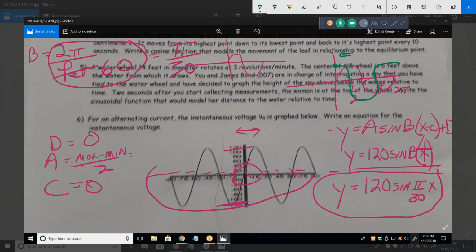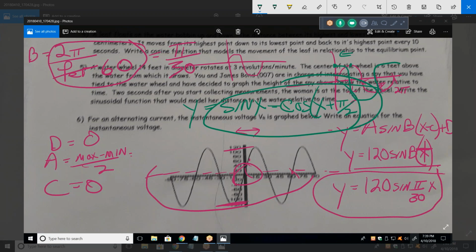In other words, y equals sine of x is exactly the same as y equals cosine of x plus pi over 2. Those two are the same. One is just phase shifted over the other. An important concept to understand.